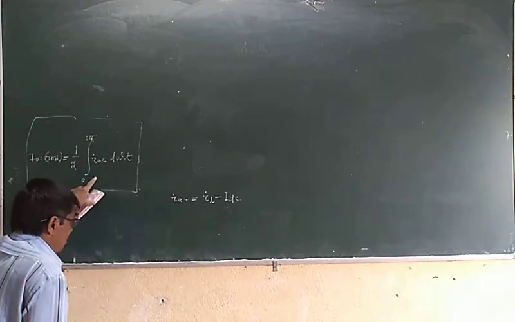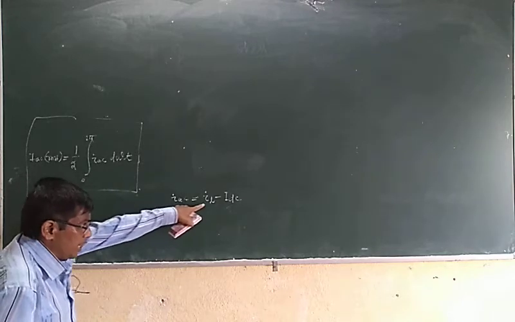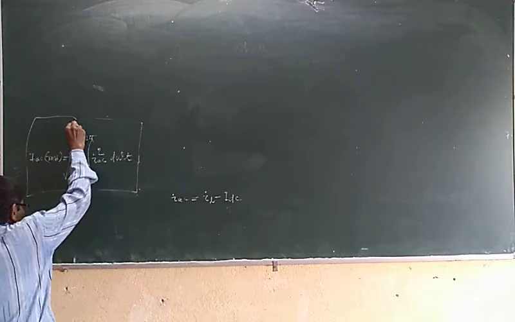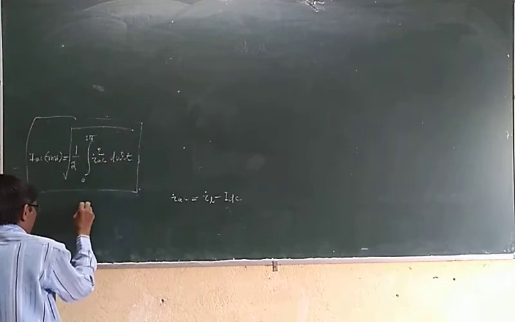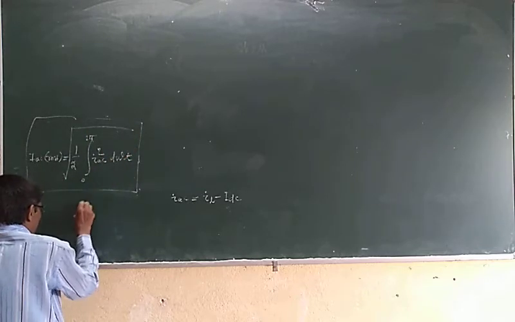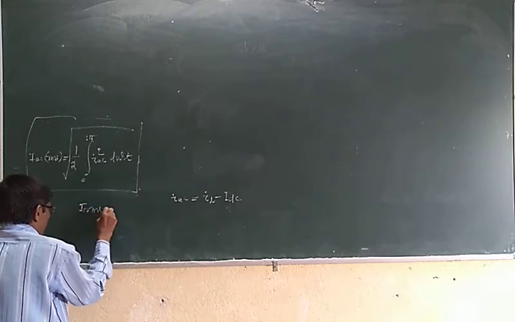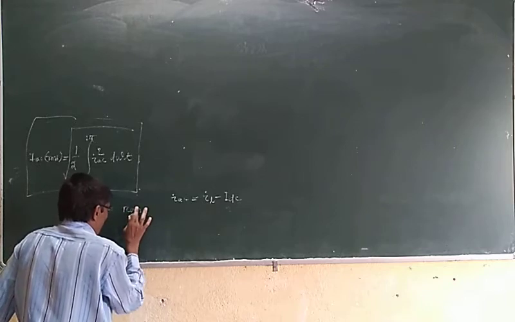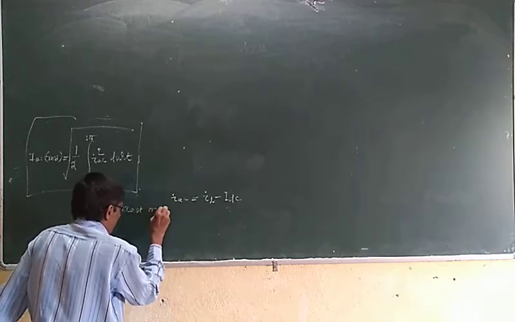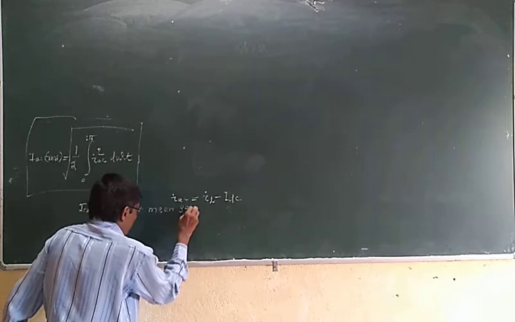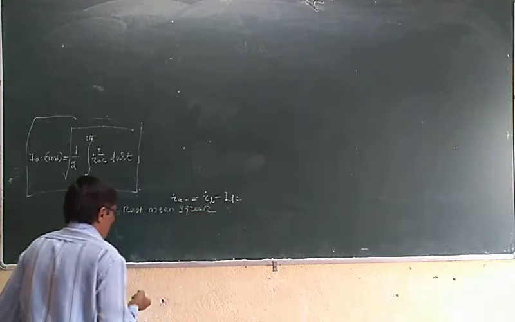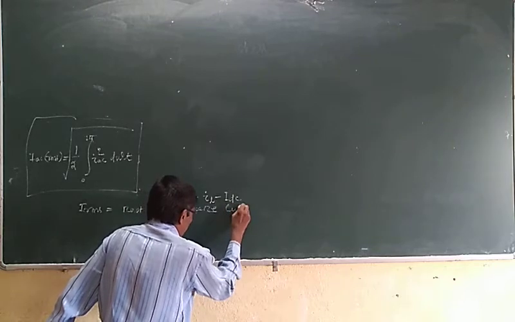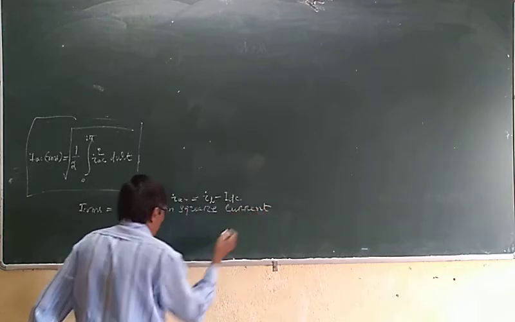Now we first put I_AC, which is I_L. RMS means root mean square: the root of the mean of the square of the current.